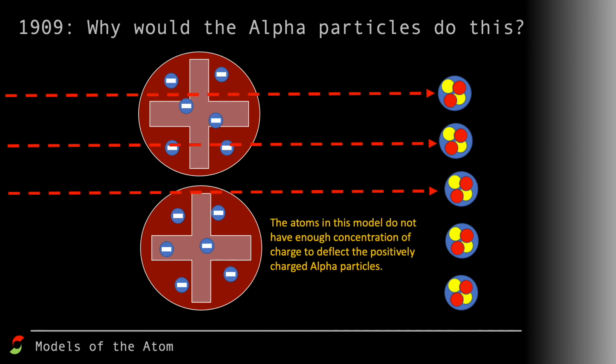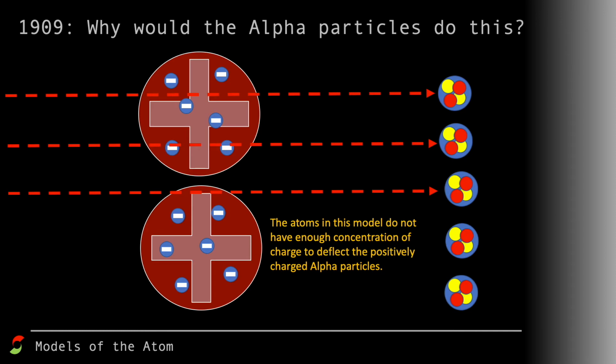The reason is that in this model, there isn't a high enough concentration of charge available to deflect the alpha particles, which have a positive charge of +2 because they're made up of 2 protons and 2 neutrons. There wasn't anything really that interesting that should have happened if J.J. Thomson's Plum Pudding model was correct.